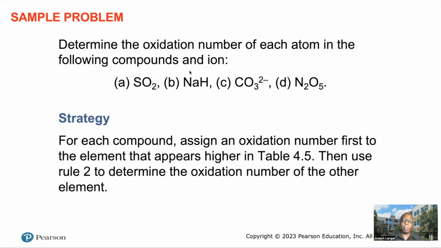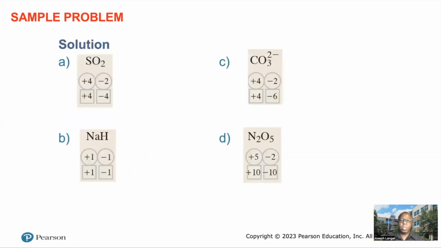Negative, you cannot have positive and positive, by the way. So this is negative, this is positive. You do the calculation. When you have to, you say 2x equals 10, and then you do the math from there. So that's how you assign the oxidation state for each element in a compound.